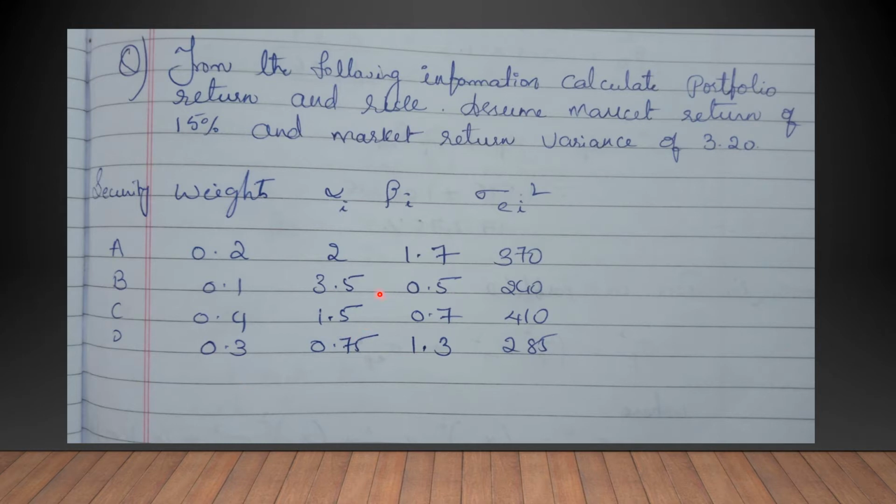Then alpha values of the individual securities and also the beta values are given, and the standard deviation ei square is also given. That is the unsystematic risk, that is also given. So we'll see the solution.